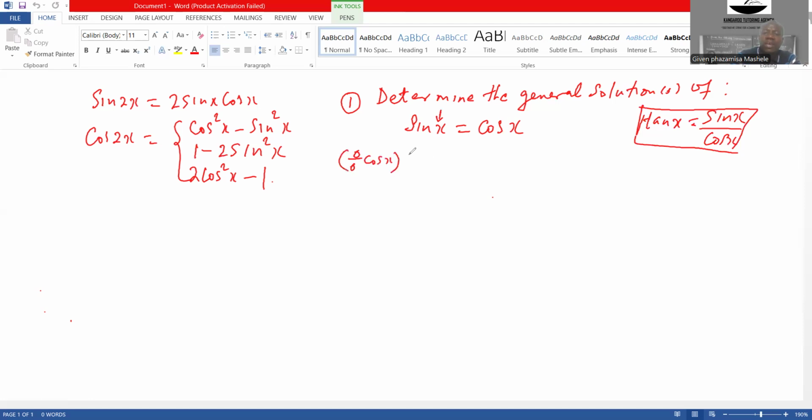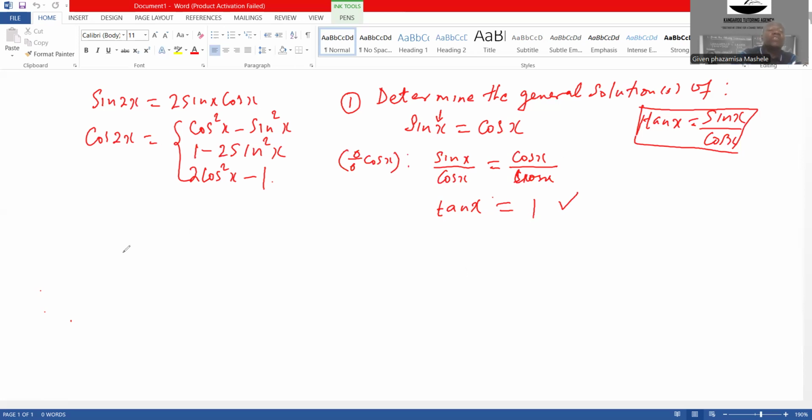Why divide by cos x? You want to end up having tan. So we're going to have sine x divided by cos x, and cos x divided by cos x. So sine over cos becomes tan x, then this one gives us 1. So now we have simplified these trig ratios into one single ratio. So you see now, you want to determine the general solution for tan.